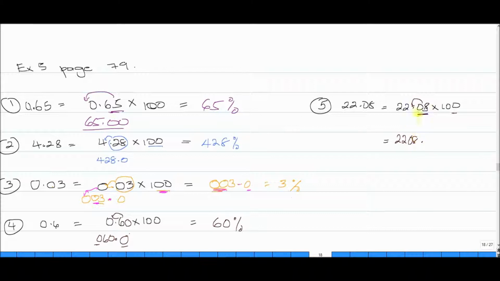Our decimal point would remain the same, and where we'd have 08, we could put a placeholder there. We could now rewrite this as 2208%. And why we're not showing the 0 anymore, the invisible decimal point would be there, but there's nothing here to show. We don't have a fractional component, a fractional part to this number.